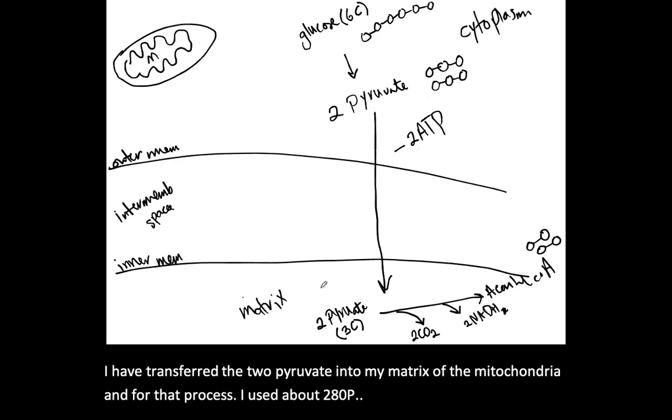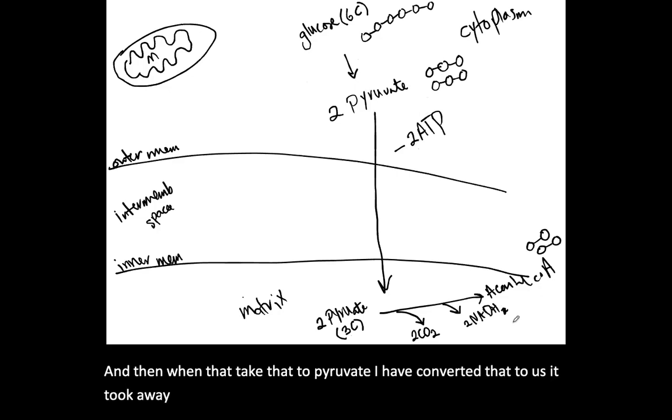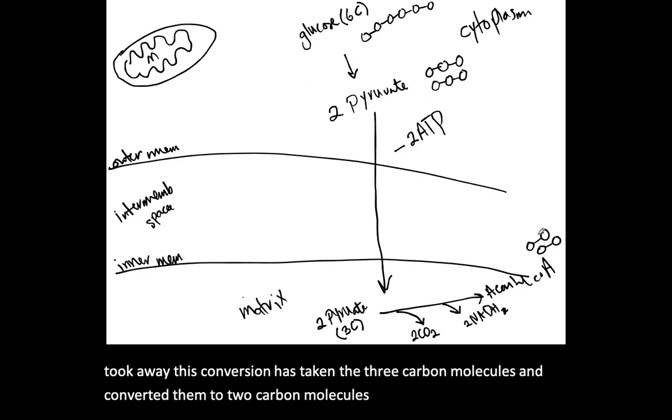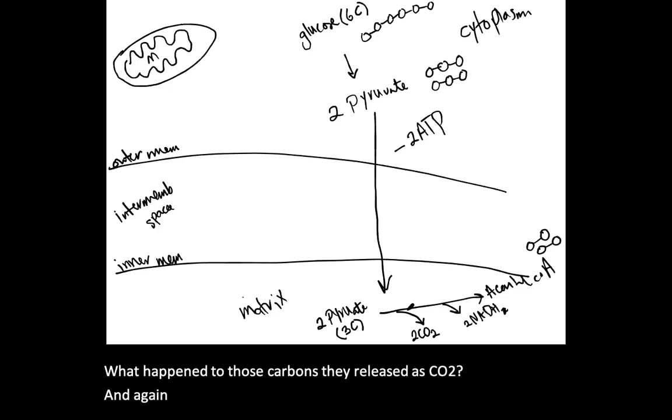Then I have converted the 2 pyruvates to acetyl-CoA. This conversion has taken the 3 carbon molecules and converted them to 2 carbon molecules. So 3 carbons to 2 carbons. What happened to those carbons? They were released as CO2. And again, we also create 2 high energy molecules, which are your 2 NADH.